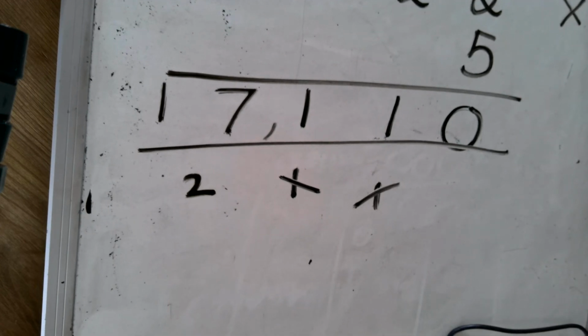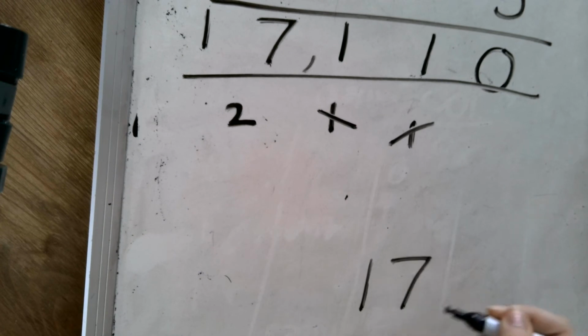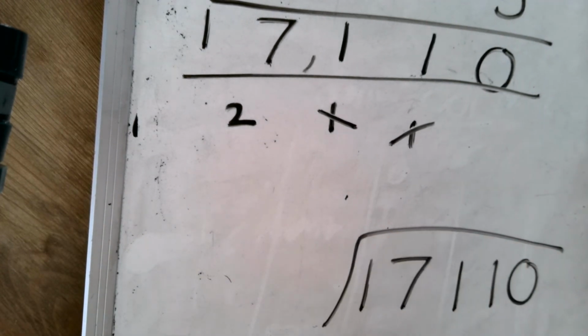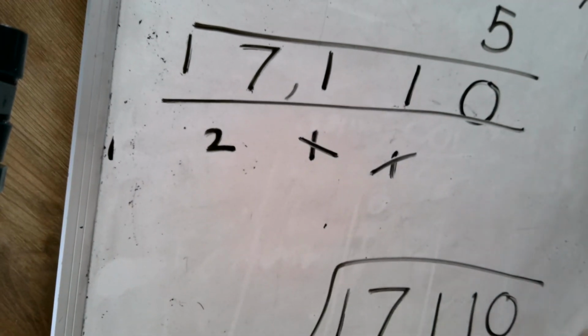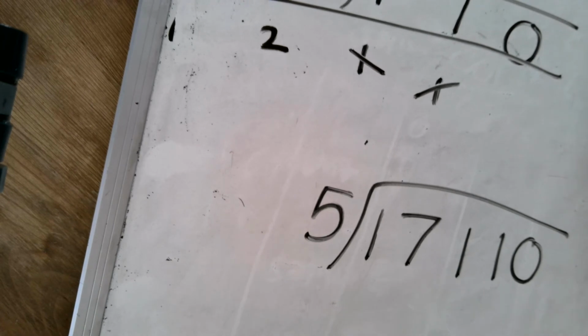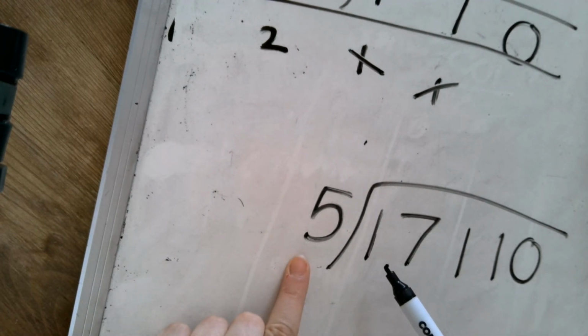by using the inverse, which is division. So I'm going to just check my answer is correct by taking my answer and dividing by my 1-digit number, which was 5. How many 5s go into 1? 0.